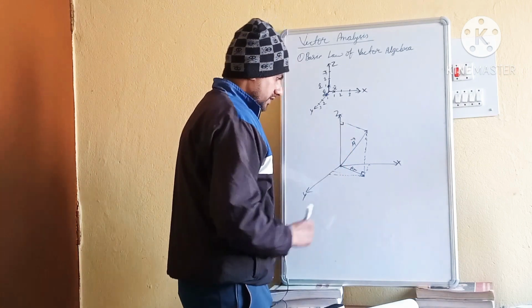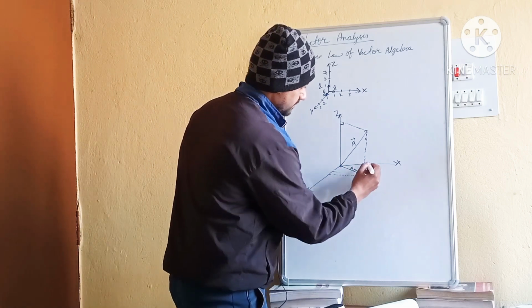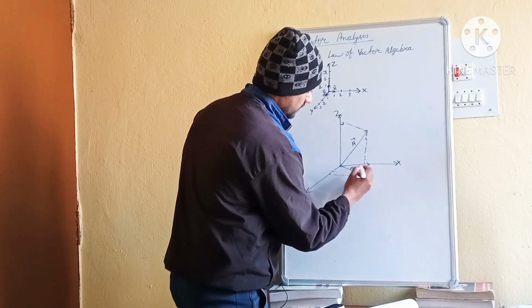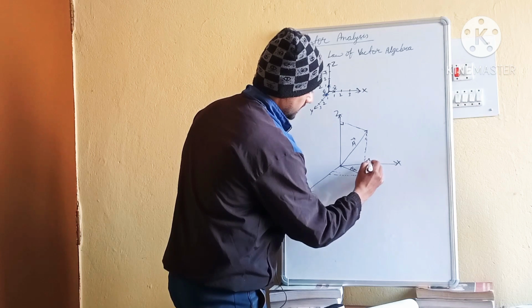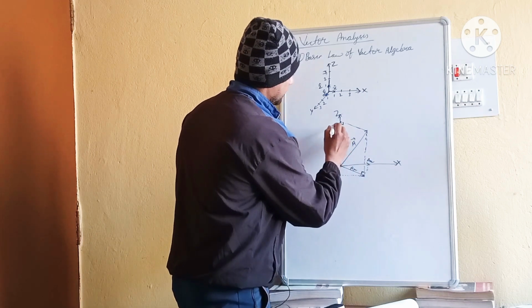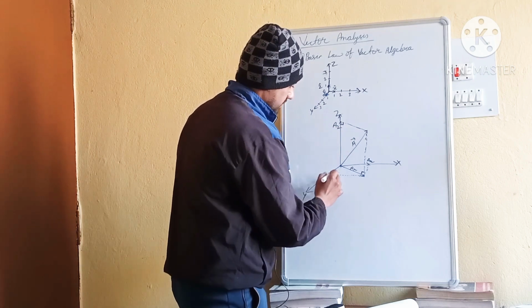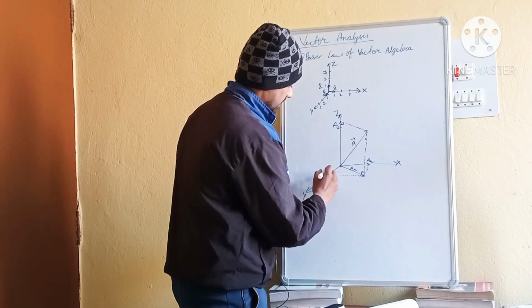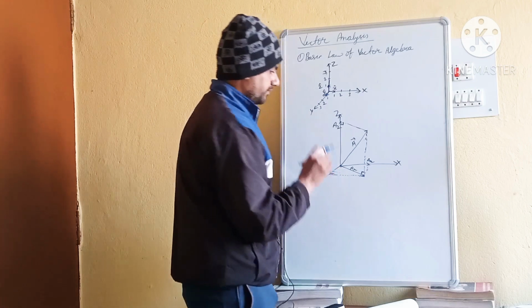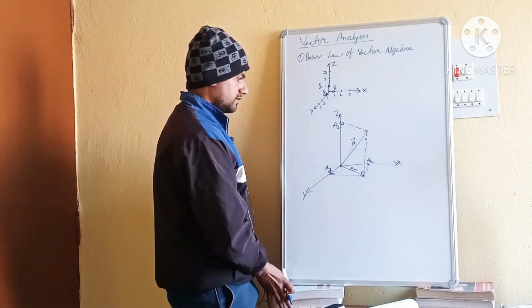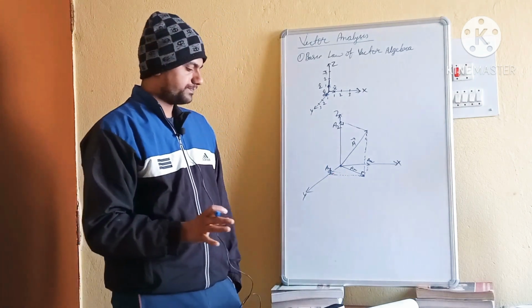So here three components. Along the x-axis, this one I can represent by AX. This one is along the z-axis, so this one is AZ, and this one is along the y-axis, so we have AY. Okay, so three components of the vector on these three axes.